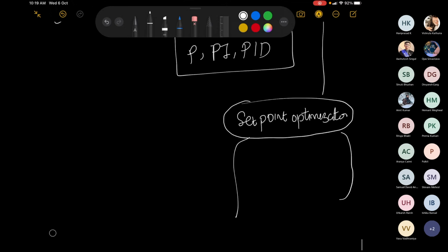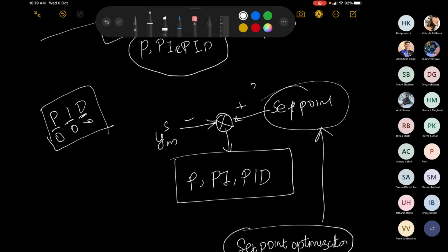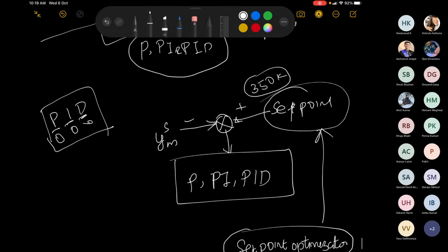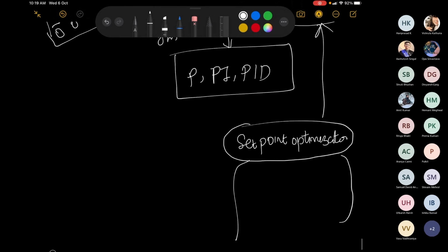Some level of calculation goes inside. The number that you put in, let's say 350 Kelvin, for instance, would have a strong bearing on the overall control system performance, overall production. So it's very important that you know this number as accurately as possible. In real industry, they would obtain this by solving some optimization problem.